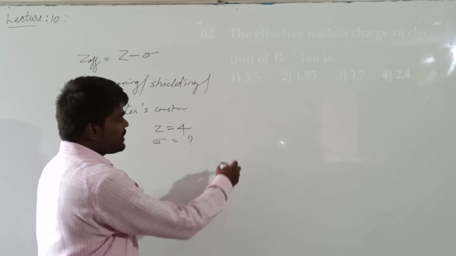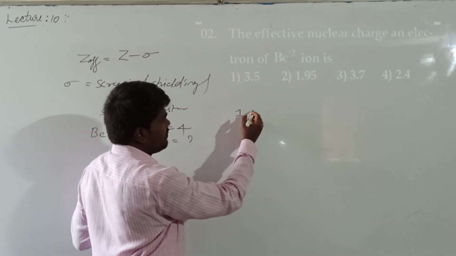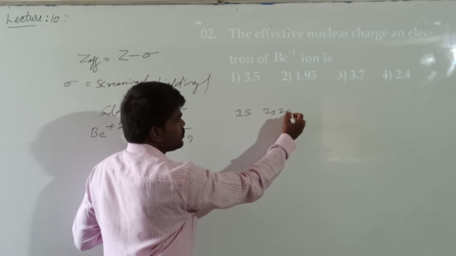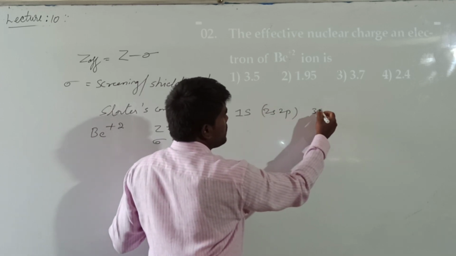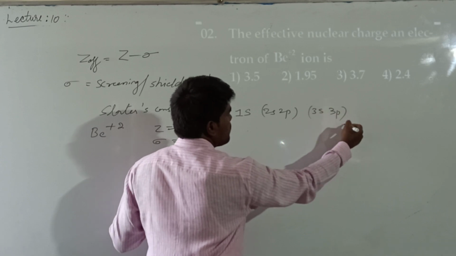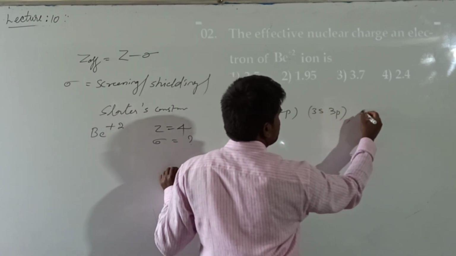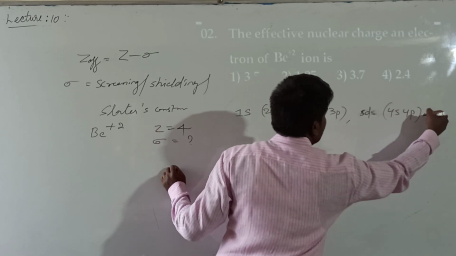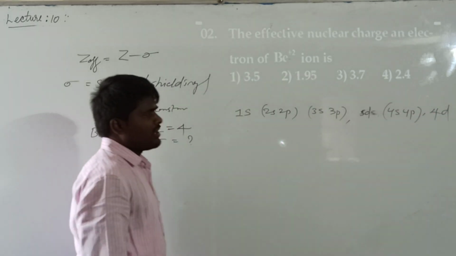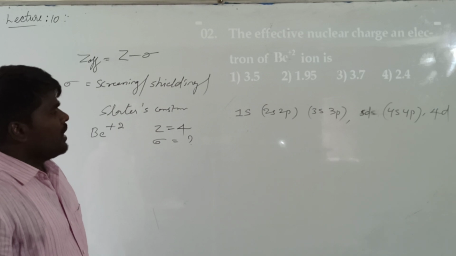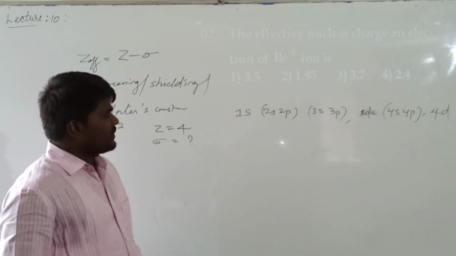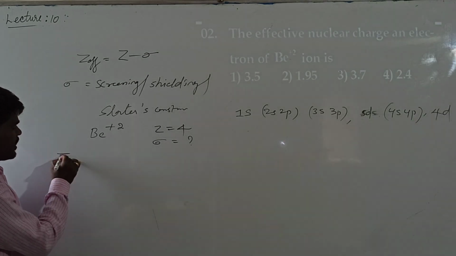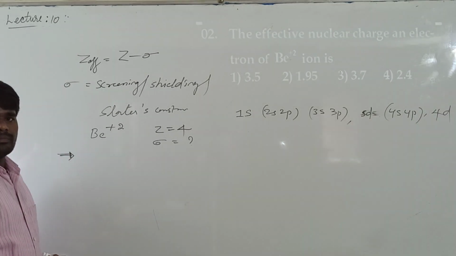First of all, you need to write the electronic configuration in this form: 1s, 2s, 2p, 3s, 3p, 4s, 3d, 4p, 4d. In this form, you have to write the electronic configuration. Let us just look at the electronic configuration of beryllium.